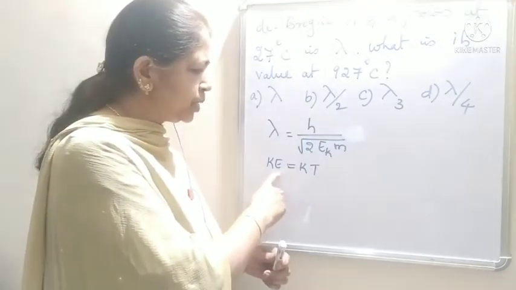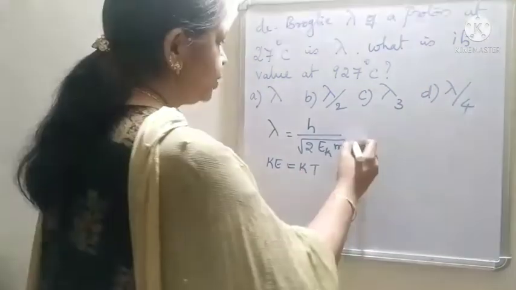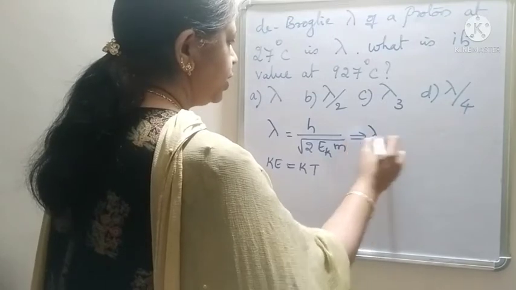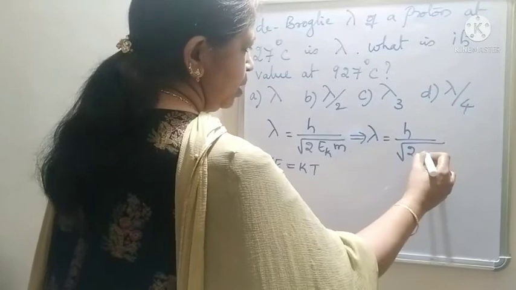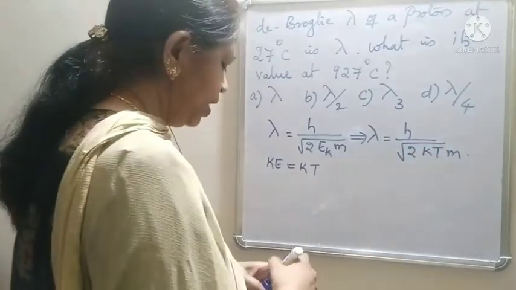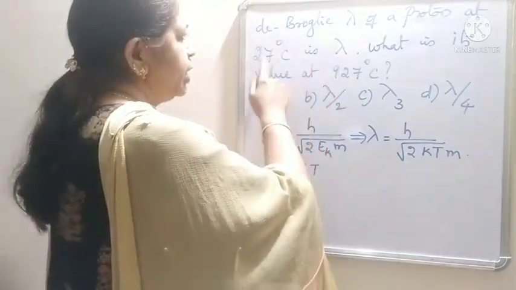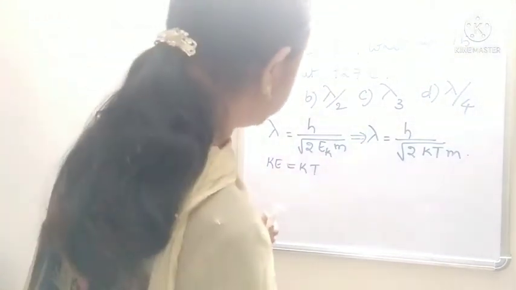So, Ek is equal to kT. We can substitute kT in this formula. Lambda is equal to h by under root 2 kTm. Now, we have to find the ratio of lambda at 27 degrees to lambda at 927 degrees Celsius.